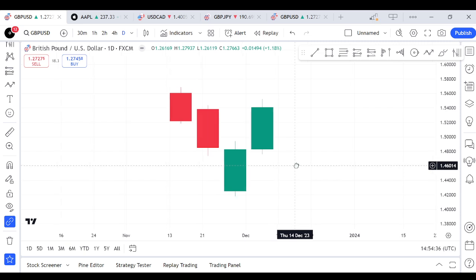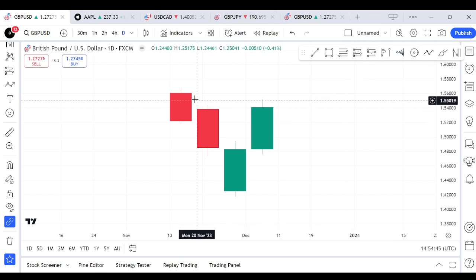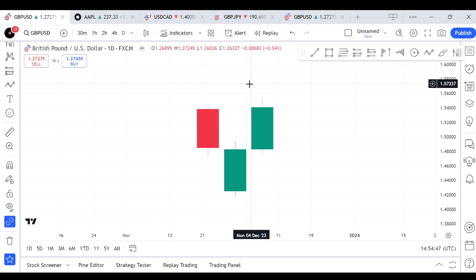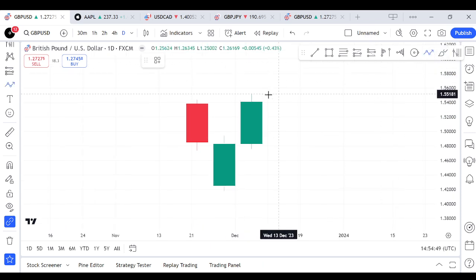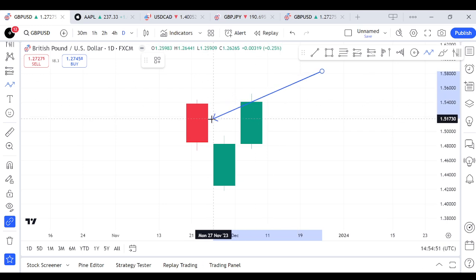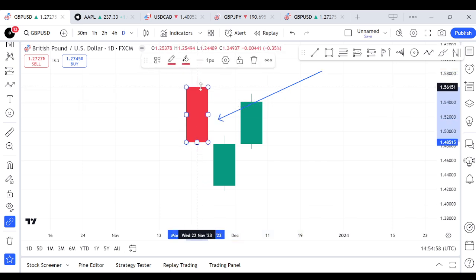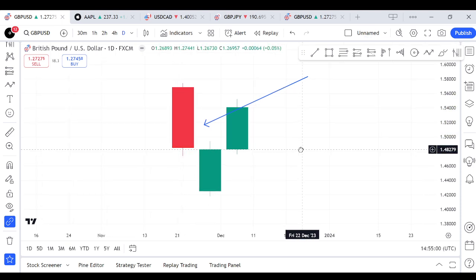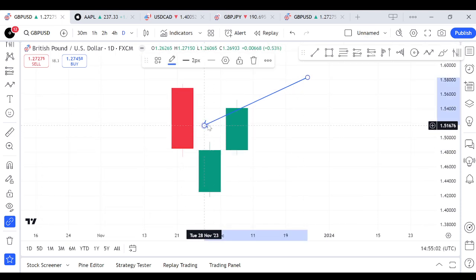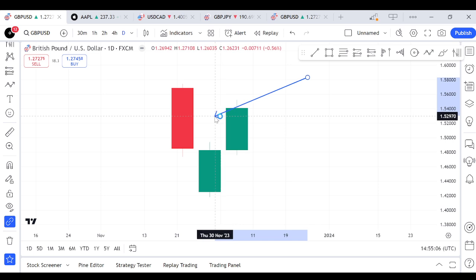So the first candlestick appears as a long bearish candle, and that signifies continued selling pressure in the market.